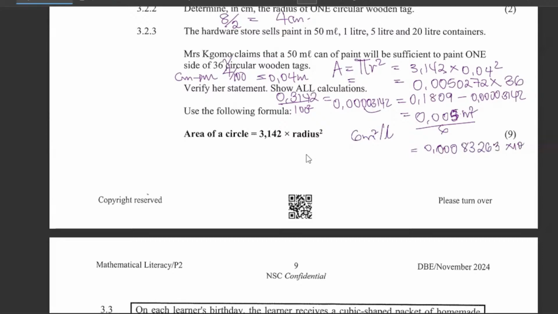I want them to become milliliters because I'm proving with milliliters.